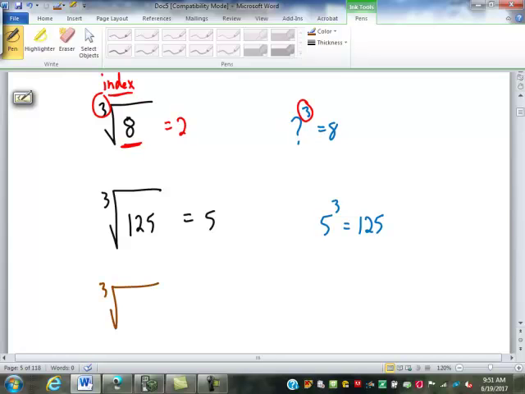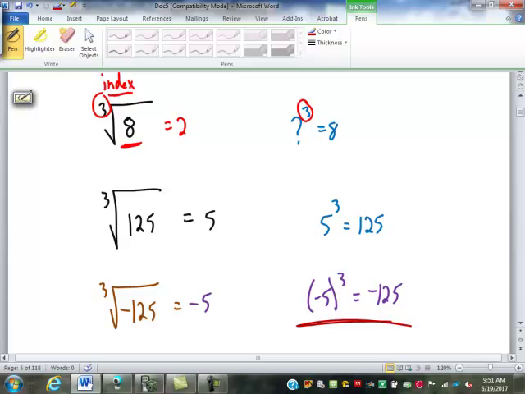If I asked you to find the third root of a negative 125, what would you tell me? Can't do it? Doesn't work? Can't take the root of a negative? Is it a negative 5? Is negative 5 to the third power a negative 125? Say yes.